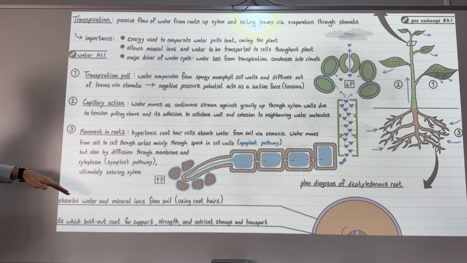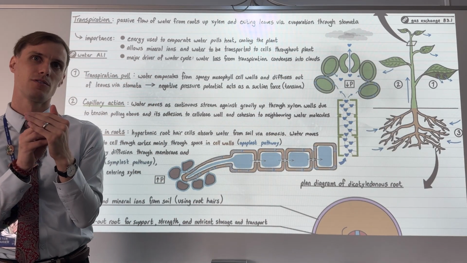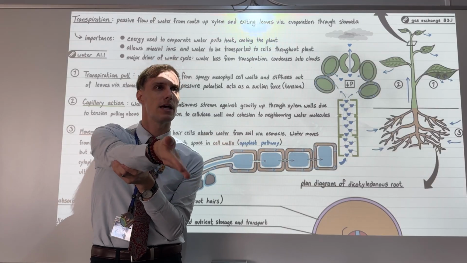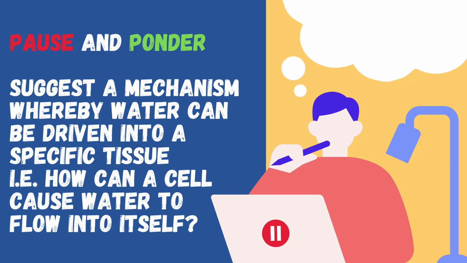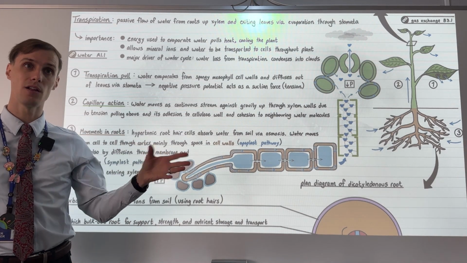And then, well, where is water actually entering the plants in the first place? And that would be the roots. If I want water to enter a tissue, then what do I do to that tissue? So this is actually something that we'll look at more in HL.